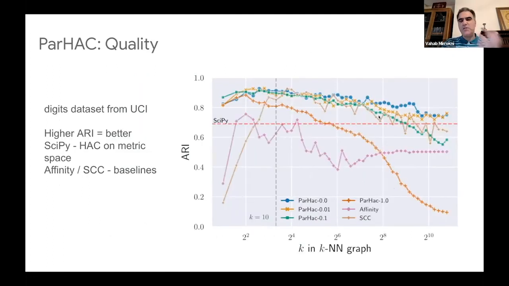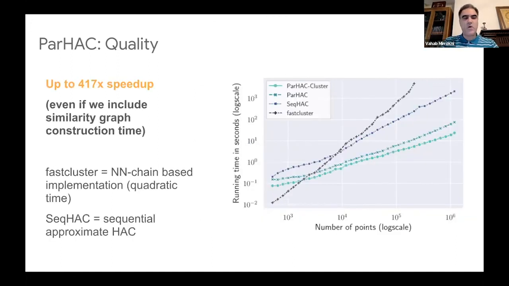In terms of quality, we show that the better the epsilon, the better the approximation, which results in better quality as well. And it also improves the running time over the sequential version by a big factor.